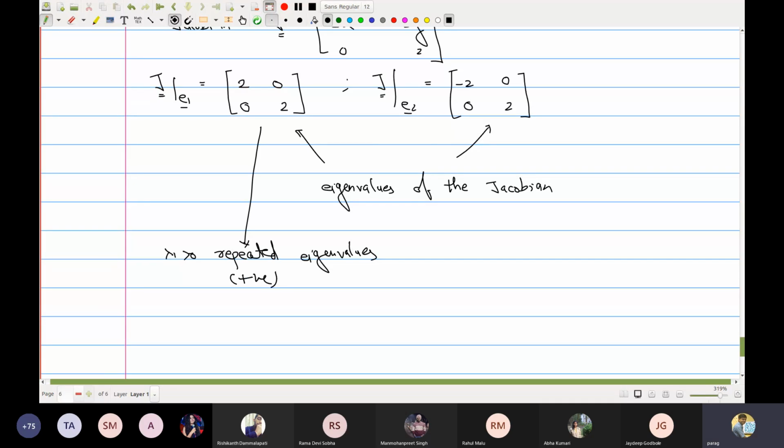Well, repeated or not is not very crucial here. What is important is that the eigenvalues are positive, and here lambda 1 greater than 0, lambda 2 less than 0, right? So one is positive, the other one is negative. So now how will I comment upon this solution of non-equilibrium systems?